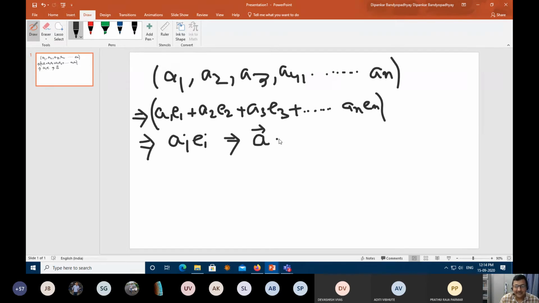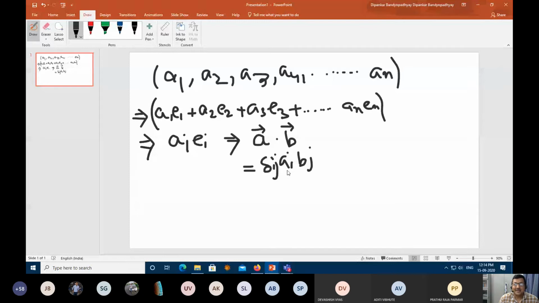Now suppose you are taking a dot product between A and B. Earlier you were writing A1 B1, A2 B2, A3 B3. Now what you say is delta ij ai bj.